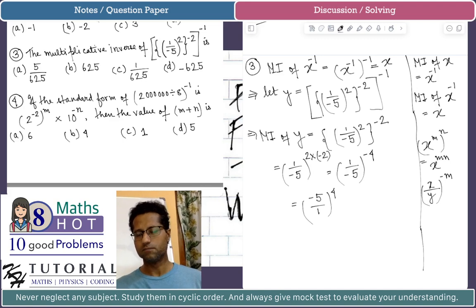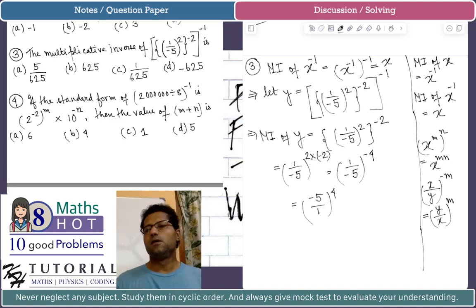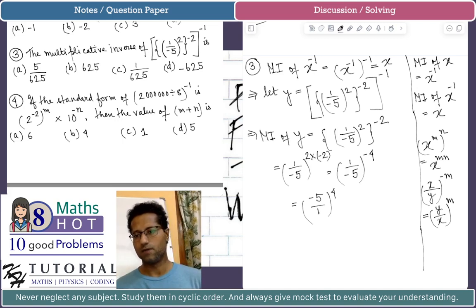In this case, I have taken x by y. This will be equal to the reciprocal of the base, its numerator and denominator get reversed, so it will be y by x, and the power will be positive. If it is -m, it will be m. So x by y whole raised to the power -m is equal to y by x raised to the power m.